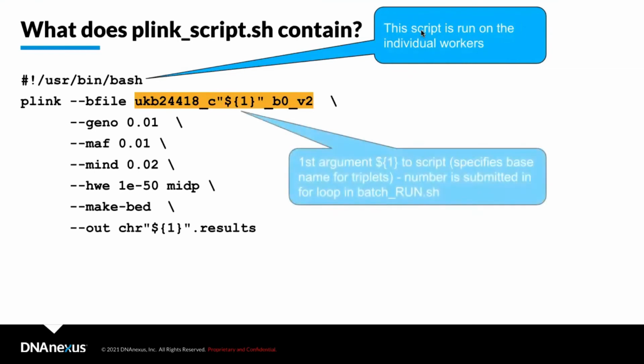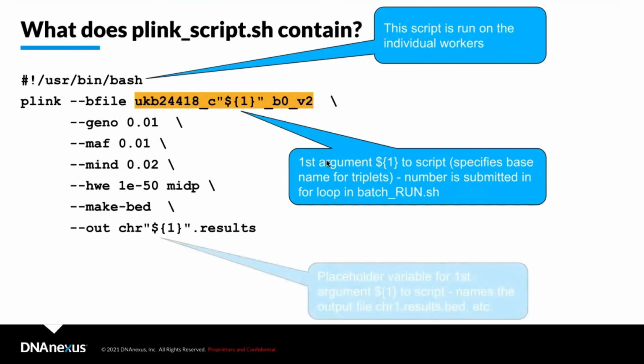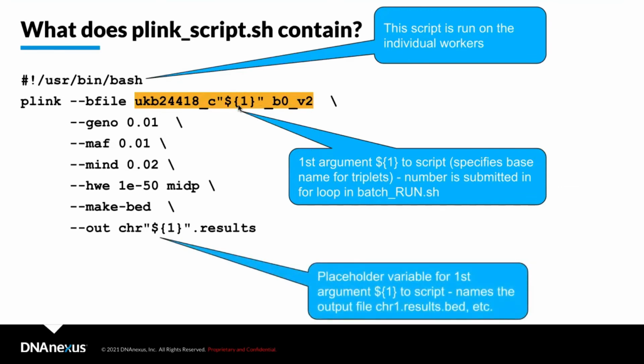If you know how plink works, the way you specify a triplet is with this bfile parameter. Here, this is the prefix of the files in our directory, and it's going to range from 1 to 22. So it'll be, for example, UKB24418_c1, and then with this suffix here. That's how we're using that first argument.